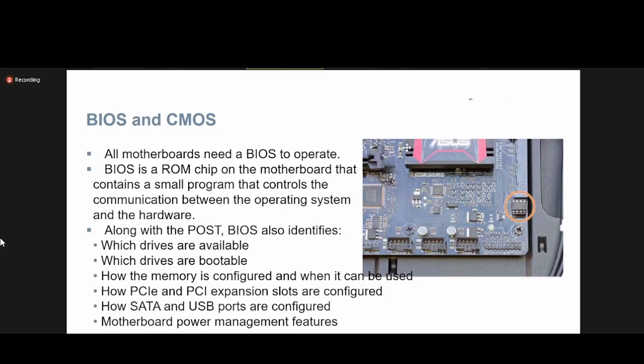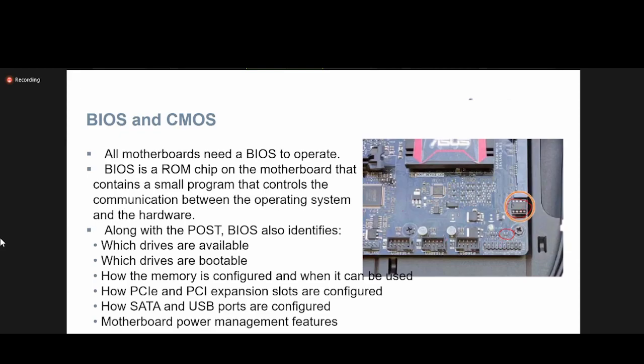Okay. Now the point is where this BIOS is stored. This is the BIOS chip. The BIOS chip is small, right? I showed you in the video the RTC jumper on the motherboard, which is basically used to reset the BIOS password.